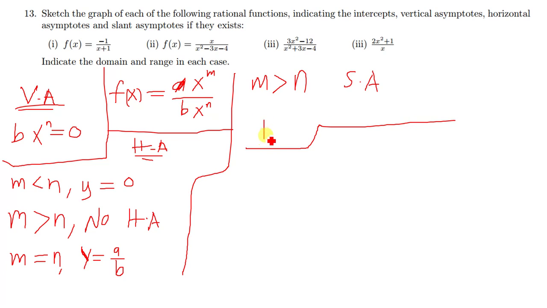So you divide this bx to the power n into x to the power m. When you divide the two, you are going to find your answer, which is cx to the power, maybe I would say r, because we don't know the power that you are going to have there.